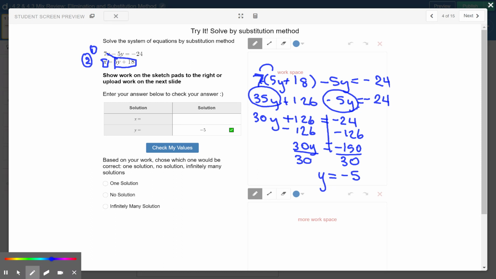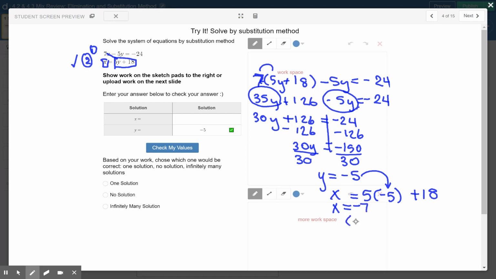Which equation looks better or easier to do? I'm going to choose the second equation because the x is already isolated. All you need to do is plug that negative 5 into the y value, and this is where you can just put it into the calculator. 5 times negative 5 plus 18 gets you x equals negative 7.